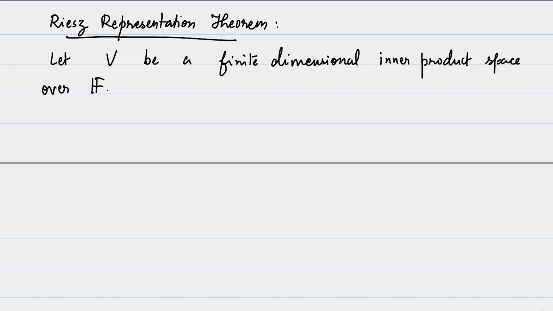So they are inner product spaces, either complex or real. This result is true in both scenarios. So let V be a finite dimensional inner product space and T in V star, T from V to F, be a linear transformation, a linear functional.